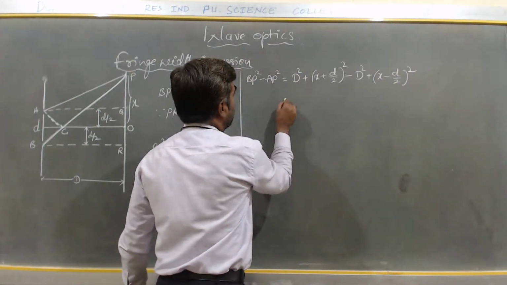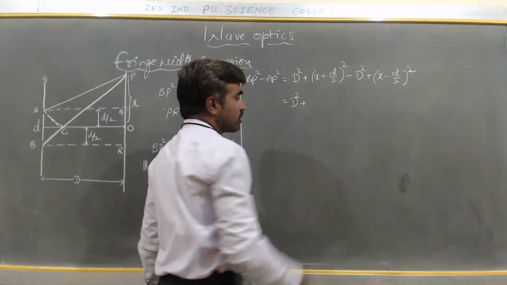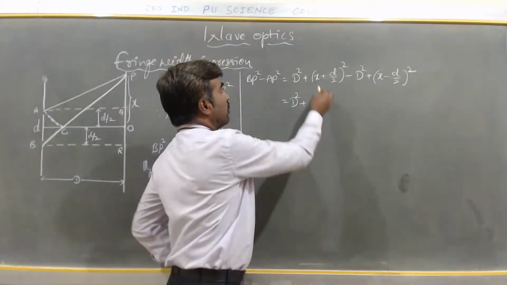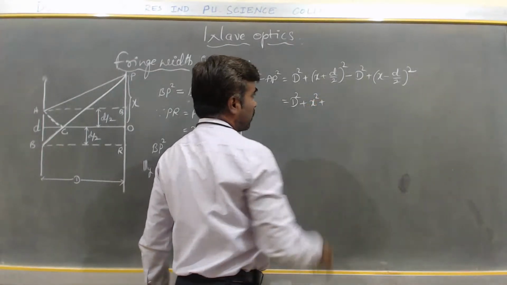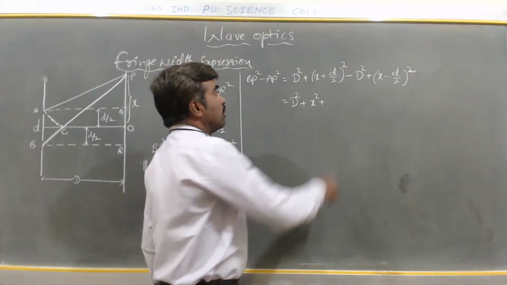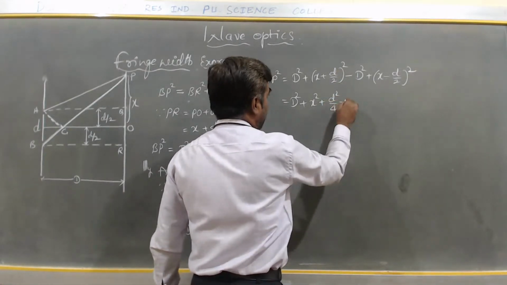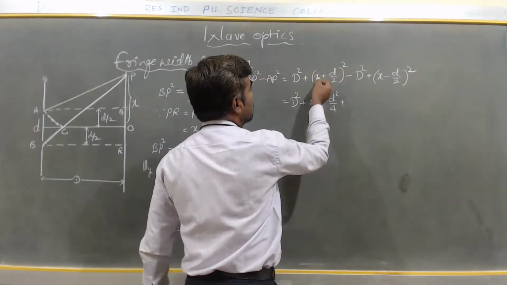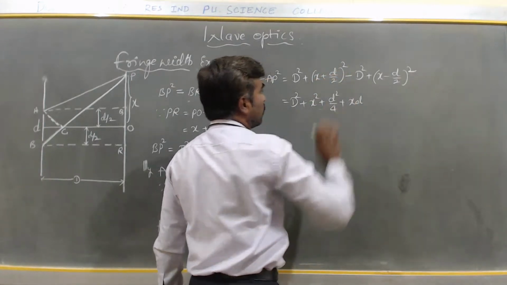Now, if you go on expanding this, D square plus, using the simple formula (a plus b) whole square, we get x square plus d square by 4 plus 2 times x into d by 2, which is xd only.